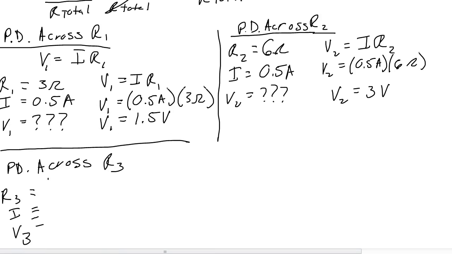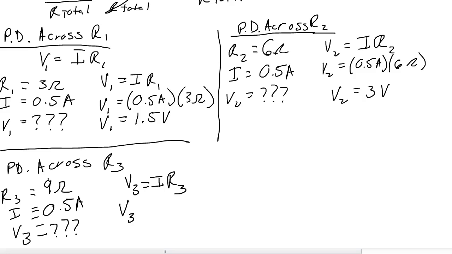R3 is 9 ohms. The current's the same everywhere, 0.5 amperes, and we're trying to find the third voltage. So V3 is equal to I times R3. So V3 is going to be equal to 0.5 amperes times 9 ohms, and V3 I get 4.5 volts.